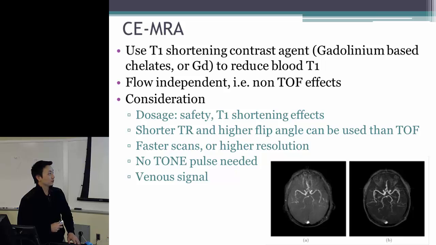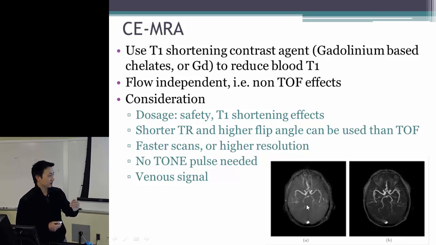So for contrast-enhanced MRA, there are also several considerations. Here are 2 examples. This is the TOF MRA. We can see that it shows the major arteries clearly, but when the vessels become smaller, it has difficulty showing them because of inflow saturation of the blood.